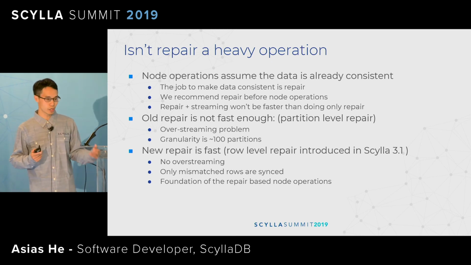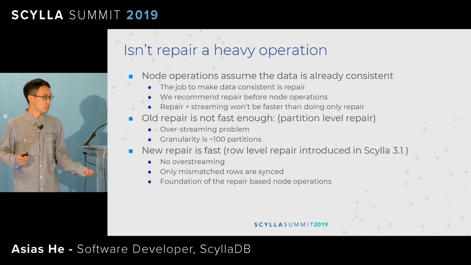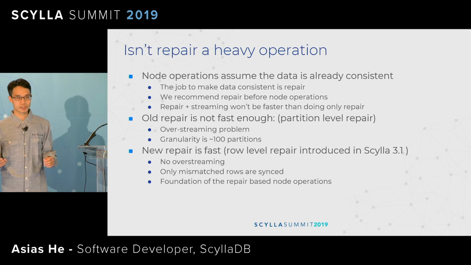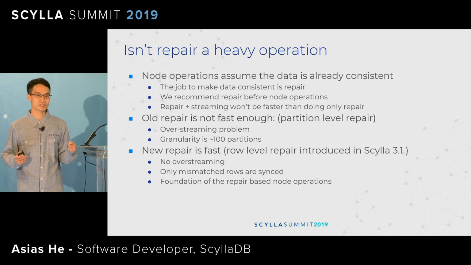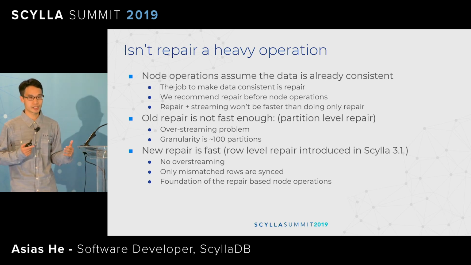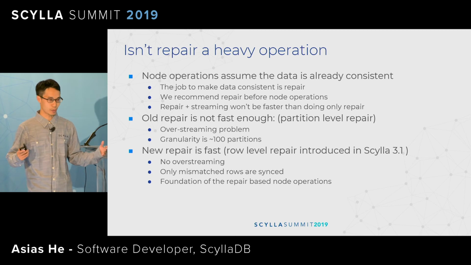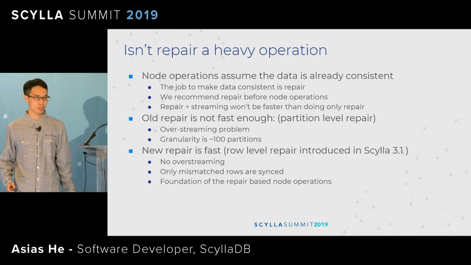So this will stream a lot of unnecessary data. However, with the new repair, which was introduced in Scylla 3.1, there is no overstreaming problem. It will only change the mismatched rows. So this builds the foundation of the repair-based node operations.